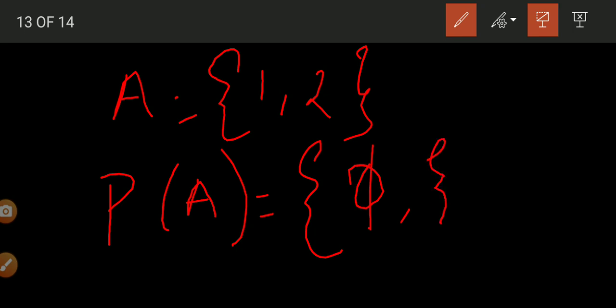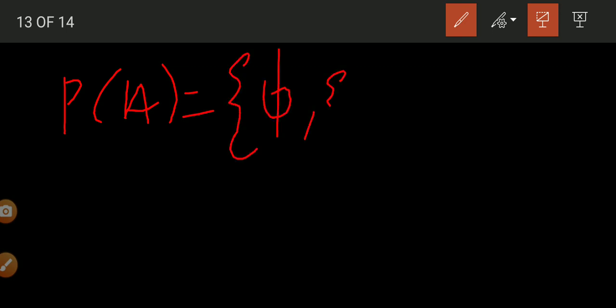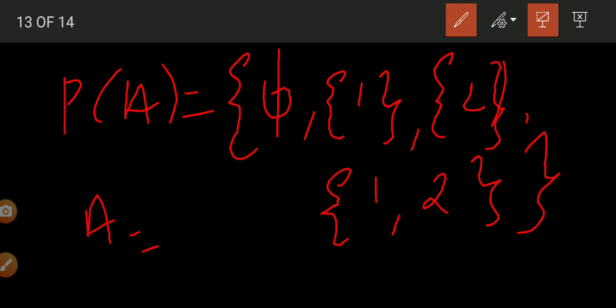So P of A can be written as the null set, set 1, set 2, and set 1, 2.